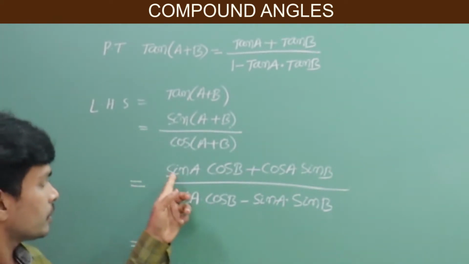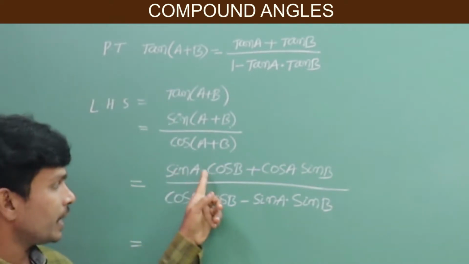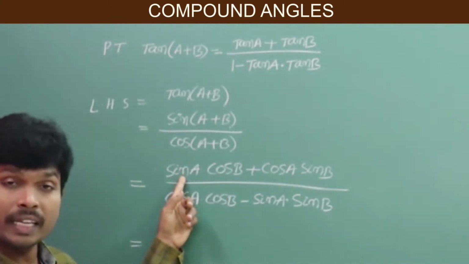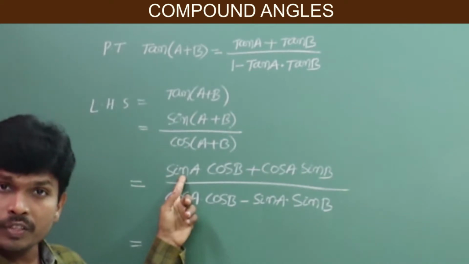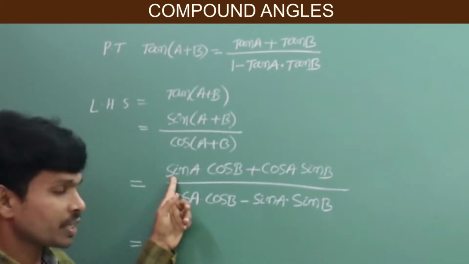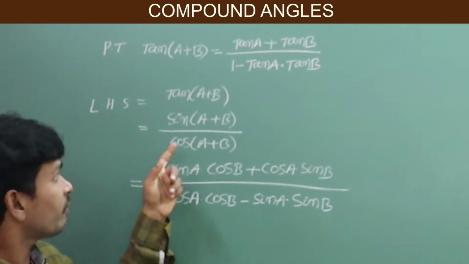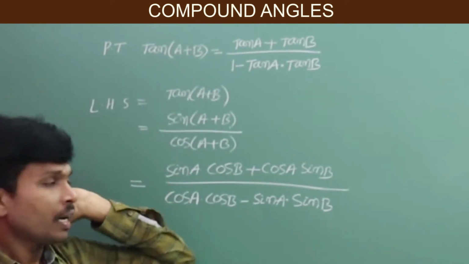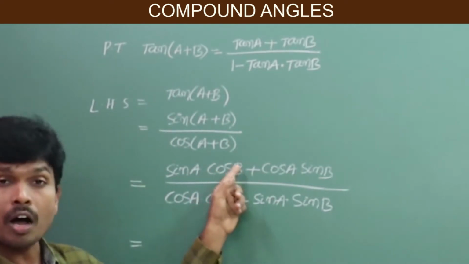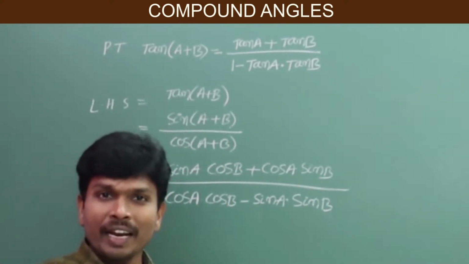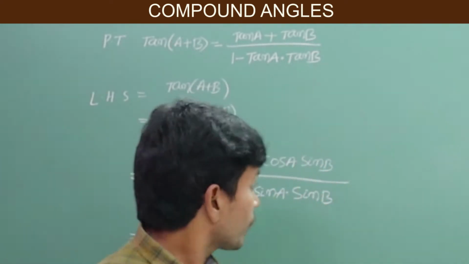Here you have sin a cos b. If you have sin a by cos a, then definitely you will get the value tan a. And here you have to eliminate cos b. Then immediately you will get an idea.